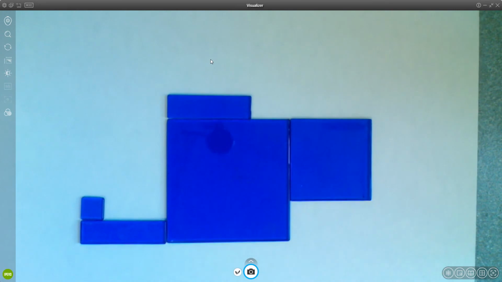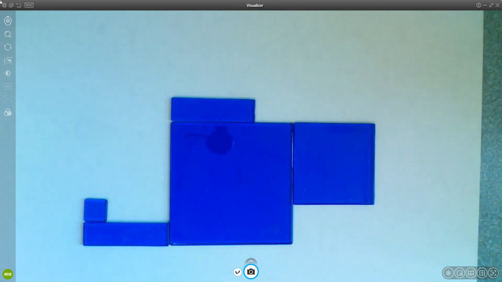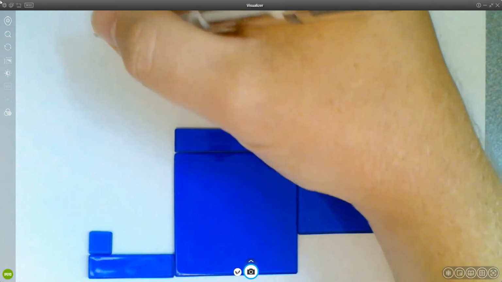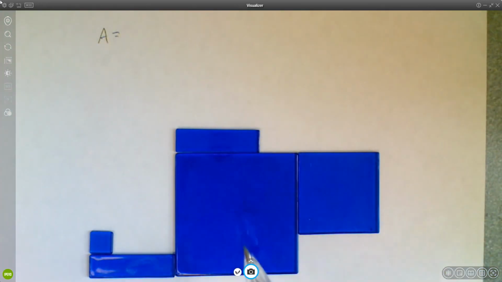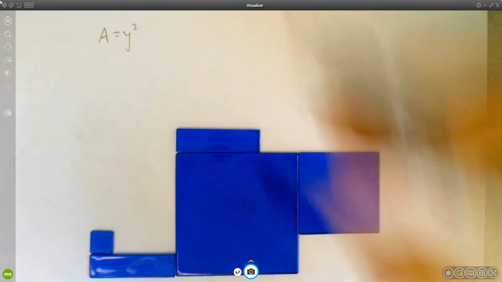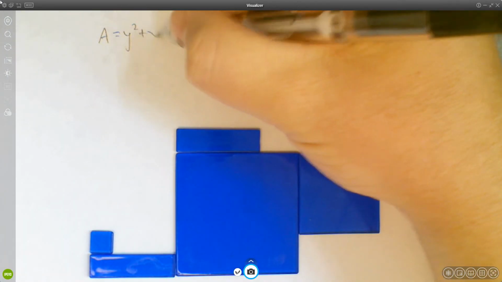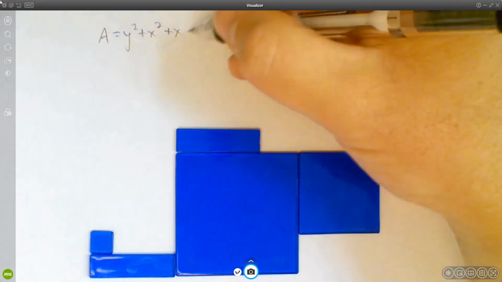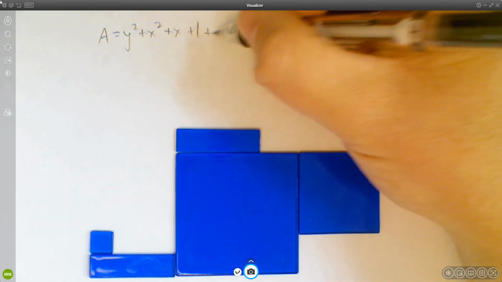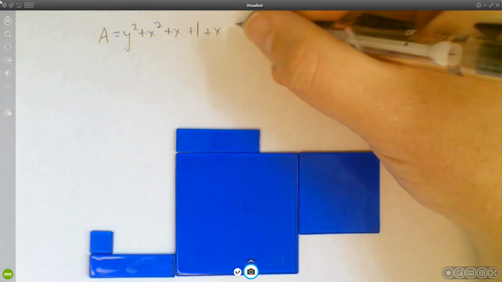But here I go. The area, I think, is pretty straightforward, right? So the area, well, it's a y squared plus an x squared plus an x plus a 1 plus another x. We can simplify that.